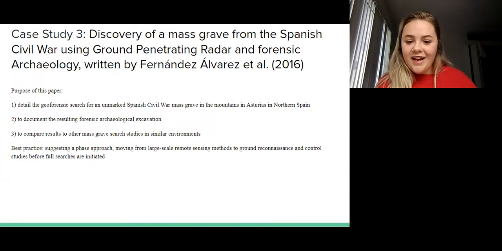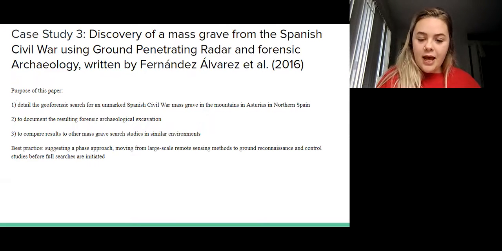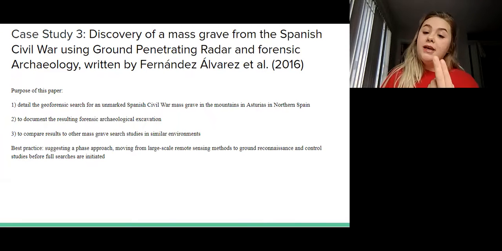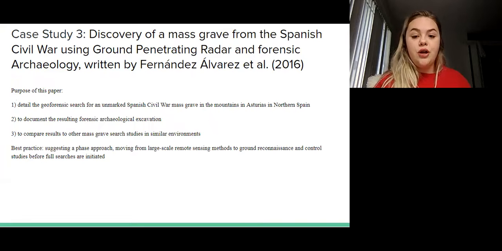Okay, there you are. So for the materials and methods, the study area was divided into two areas. Zone A was determined to be more probable based off previous archaeological investigations, while zone B is included because of the oral testimonies identifying it as a potential location.